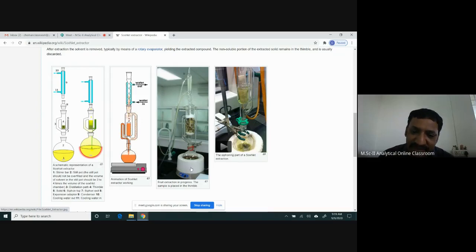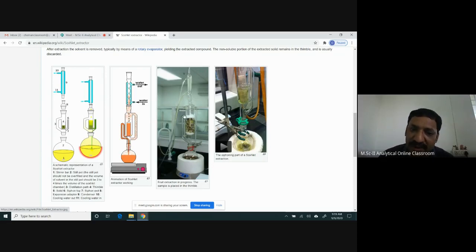When you heat this to boiling point, the solvent goes up, is condensed by the water condenser, and falls on the solid or food material, and whatever constituents are present in the tube come again with the solvent into the round bottom flask.